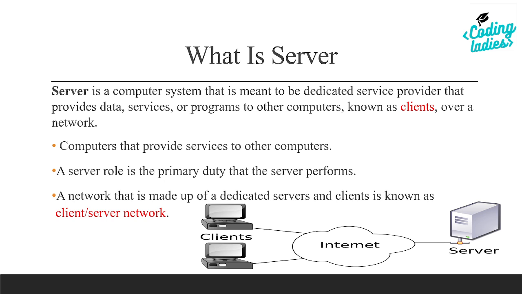We have different types of server roles that a server can perform. When we talk about a server, we are talking about a computer system, a machine that is dedicated to providing data, a service or a program to other computers, whether mobile phone, laptop, or desktop, which will be able to access what the server has. All these other computers are known as clients, the same as in the restaurant scenario, over a network.